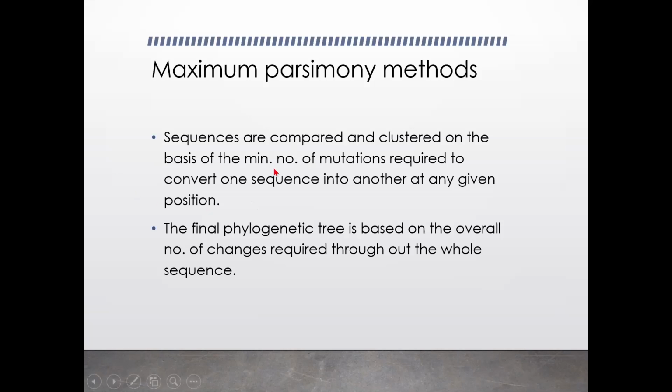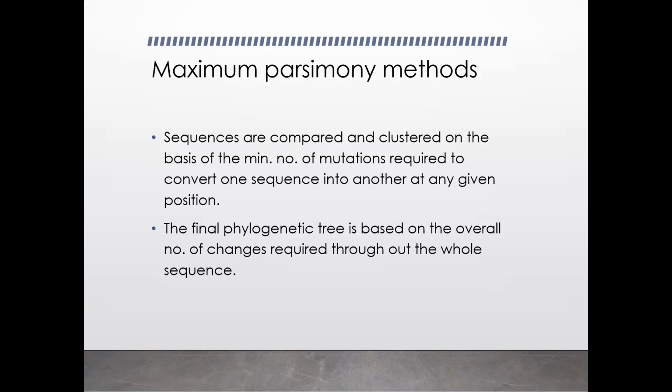That means if a minimum number of mutations are required to convert one sequence into another, they are very similar. So by taking this into consideration, the sequences are compared and they are clustered. The final phylogenetic tree is built based on the overall number of changes that are required throughout the whole sequence.